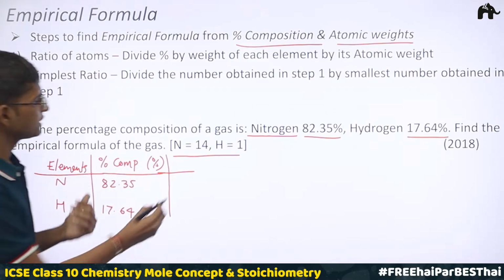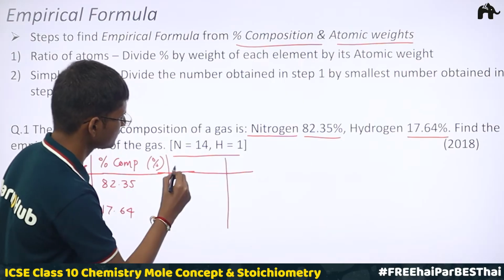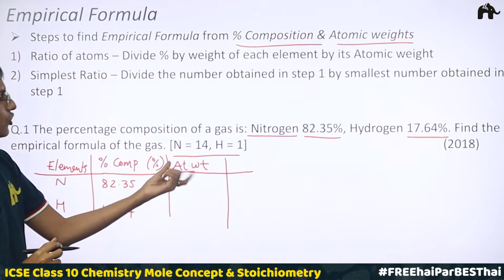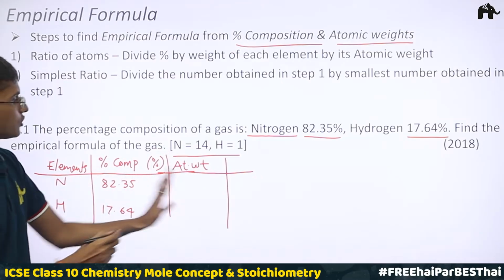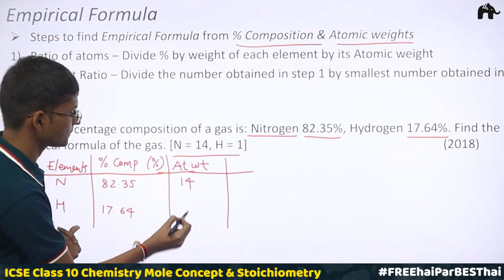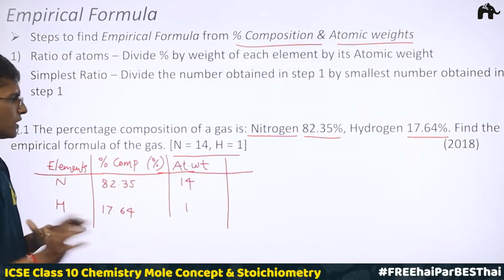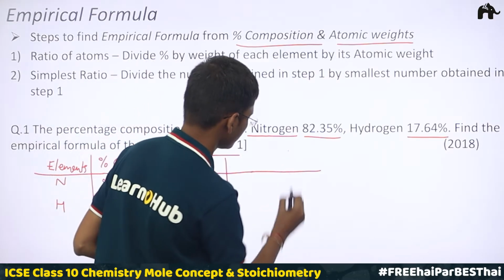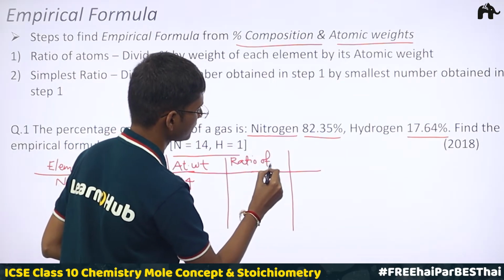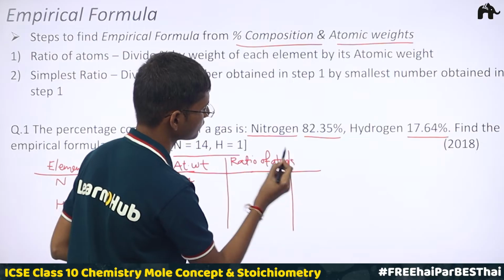Clear? Then in the next column, very simple, we just use the data we are given. We write the atomic weights. Nitrogen's atomic weight is 14, hydrogen's atomic weight is 1, given to us. Then we have to find the ratio of atoms. How to find this?